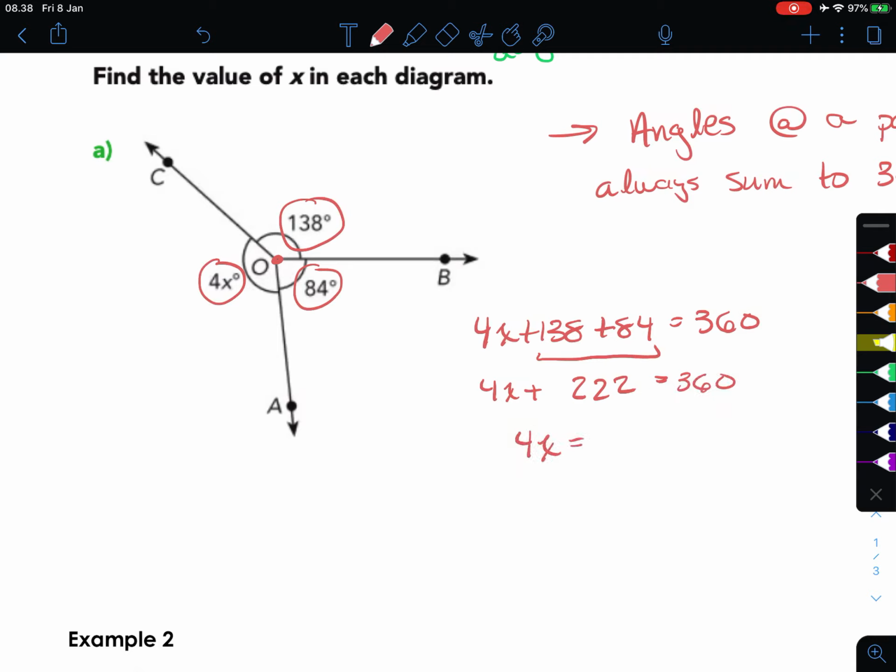That means 4x is equal to 138, which means x is equal to 34.5. I believe that's correct. I did that pretty quickly.